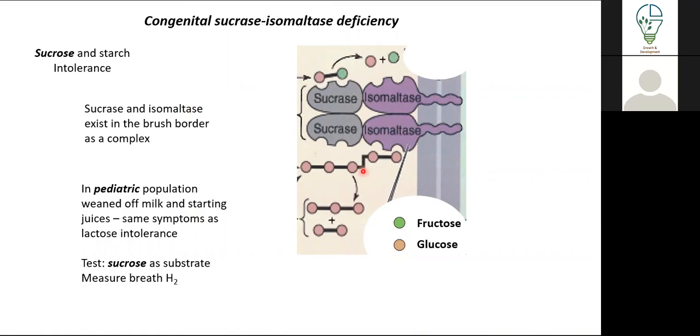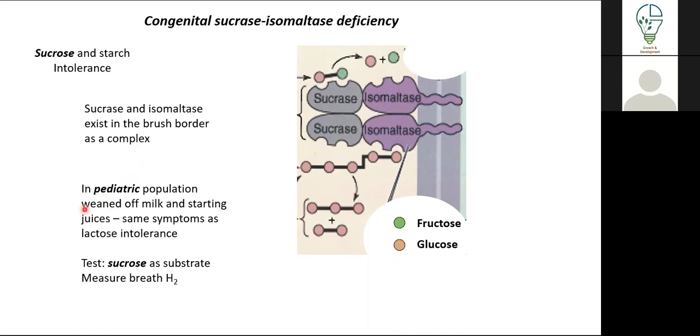So a deficiency of sucrase isomaltase enzyme will mean that we cannot break down sucrose and we cannot break down amylopectin, or specifically the limit dextrins of amylopectin. Okay, so we will find a lot of limit dextrins in the stool. You may be able to find that actually.